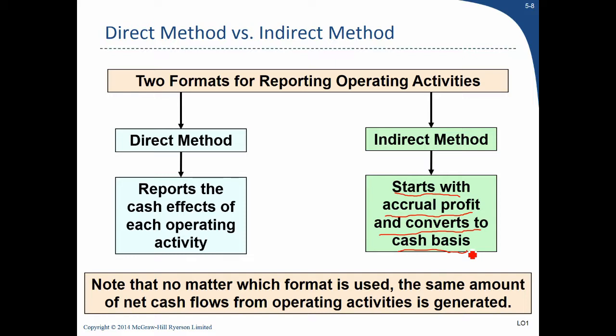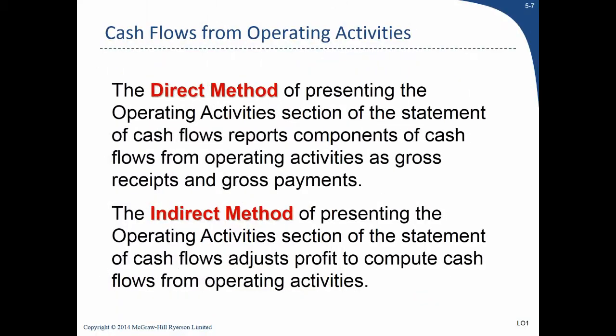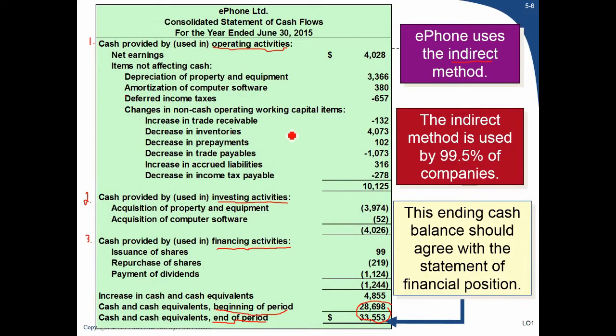So note that no matter which format is used, the same amount of net cash flows from operating activities is generated. Now net cash flows from operating activities, you can see here, is 10 million. We'll get into the calculation soon, but regardless of how you do it, you'll get to 10 million. There's no way around it.